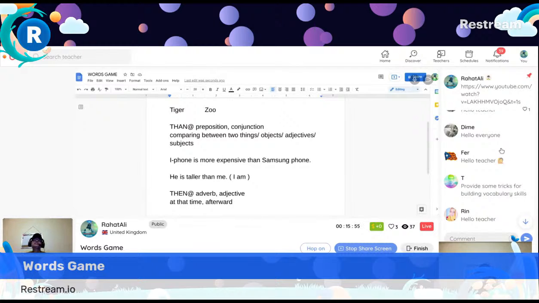Let's say the only trick is to build your vocabulary by reading more. You need to have a good practice of reading every day. It could be 15 minutes to 2 hours, whatever is possible. And remember that do not learn more than 8 words in a day, because you'll not be able to remember these words. Learn 8 words and also learn what kind of words they are, like is it a noun or pronoun or adjective.